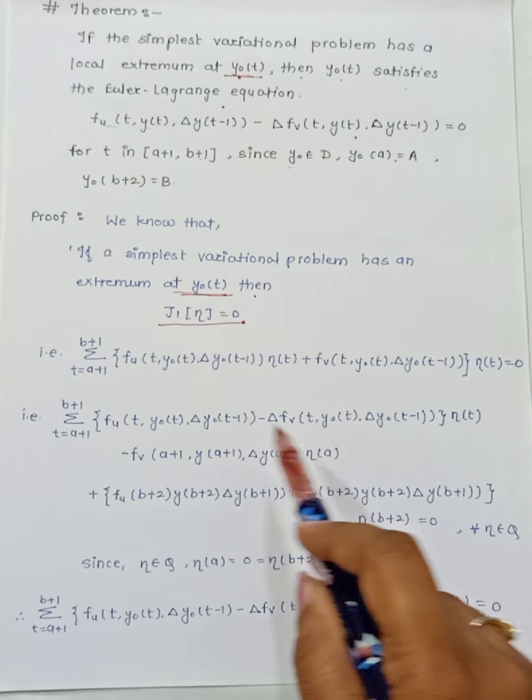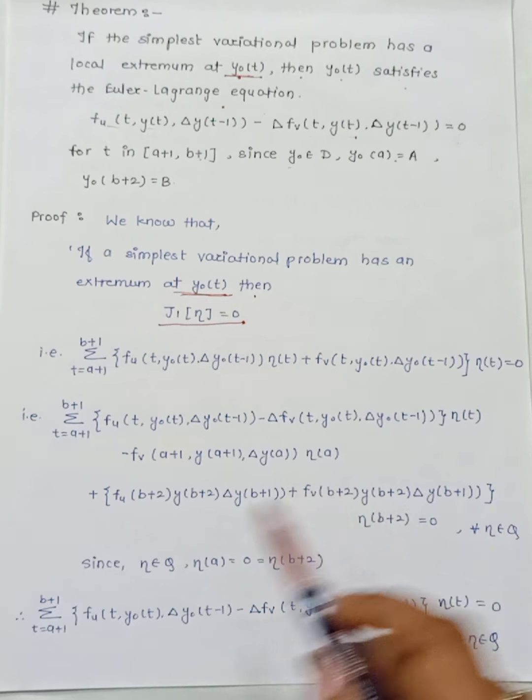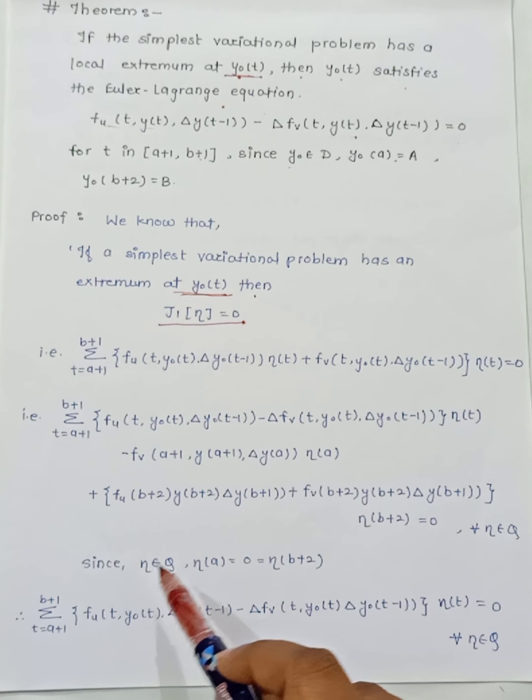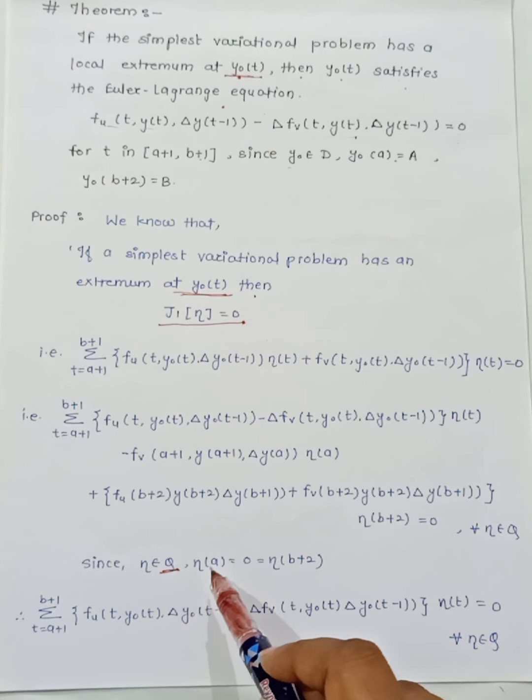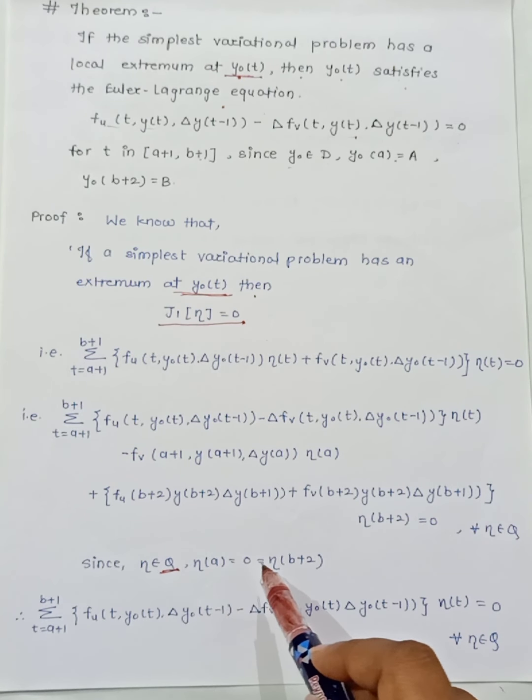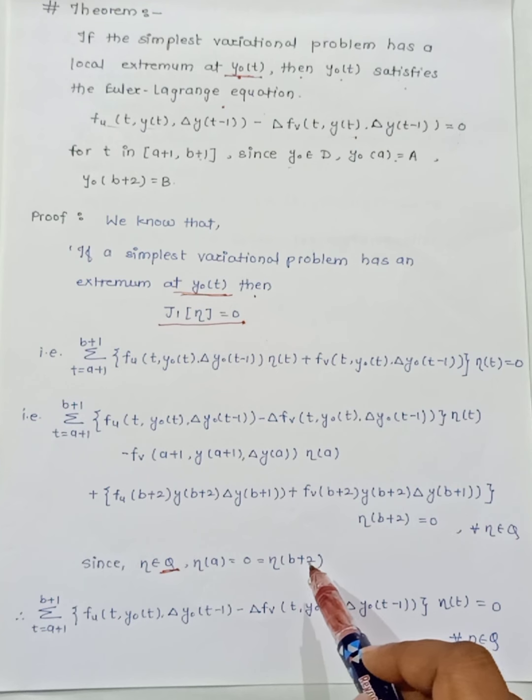So this whole value is equal to 0, and since eta belongs to Q, which is also the real valued set, and eta of a equals 0, and that equals eta of b plus 2.